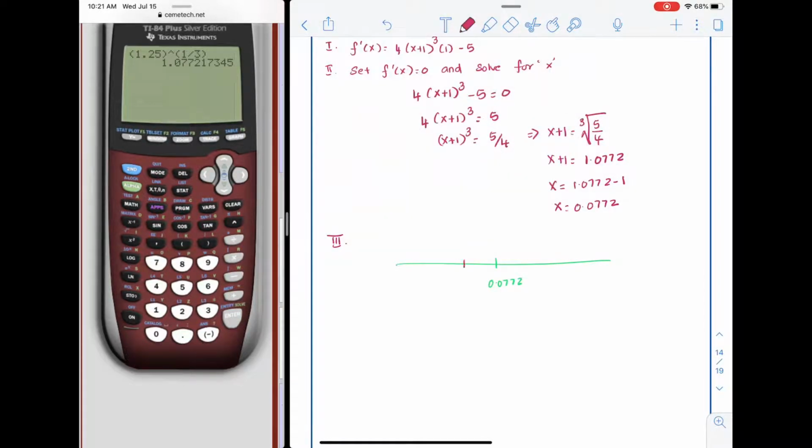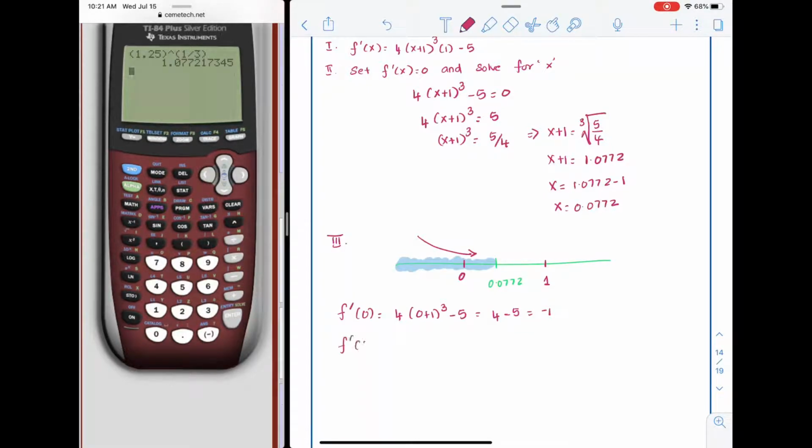And I'm going to pick a test point of 0 and a test point of 1. It's easy. We have to plug it in the first derivative. F prime of 0 would be 4 times 0 plus 1 cubed minus 5, which is 4 minus 5, negative 1, so it's decreasing on that interval up to the critical value.